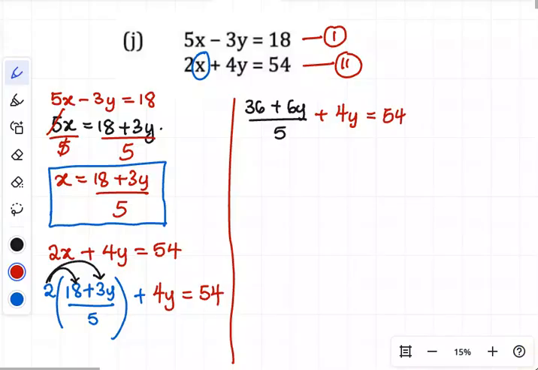Now I'll need to multiply both sides by 5. Why? Because I want to clear off this fraction, and I want to clear off the 5 which acts as a denominator.